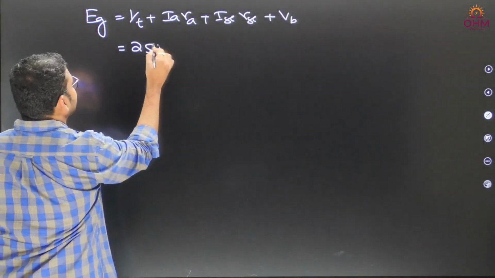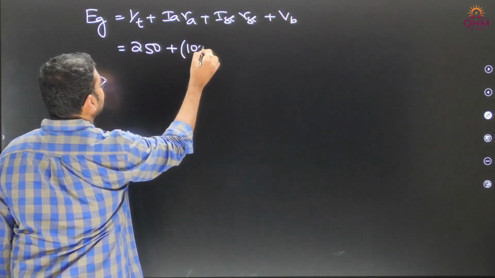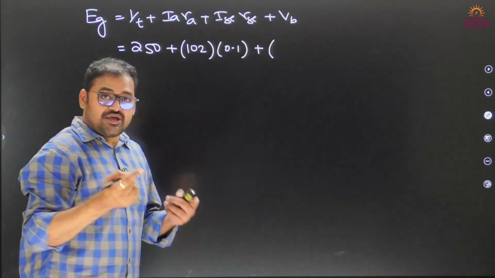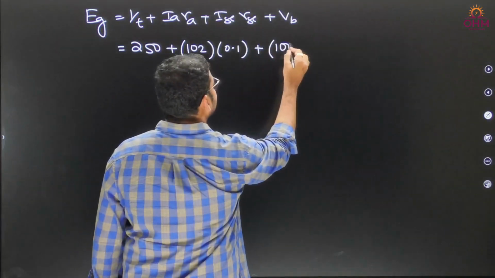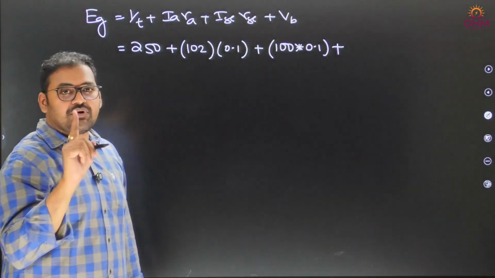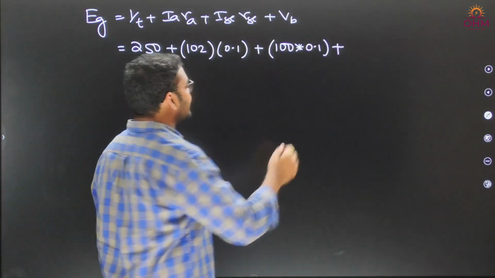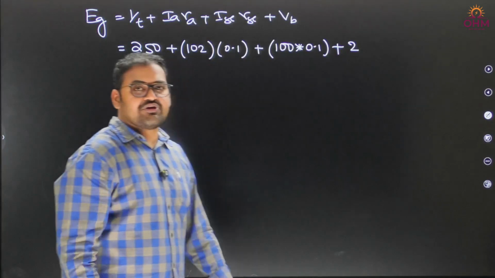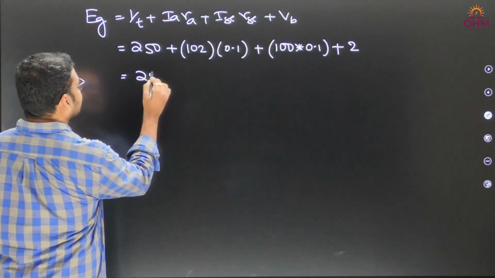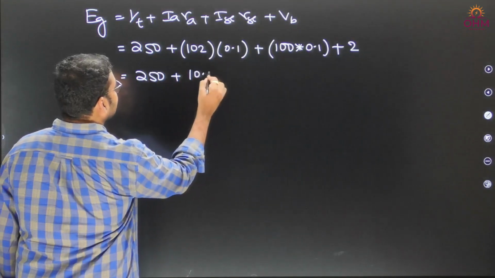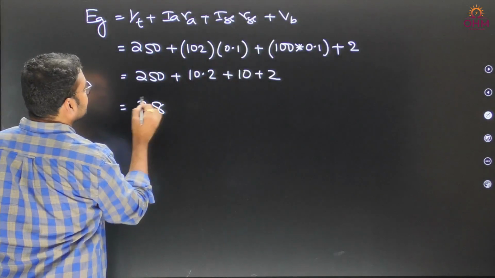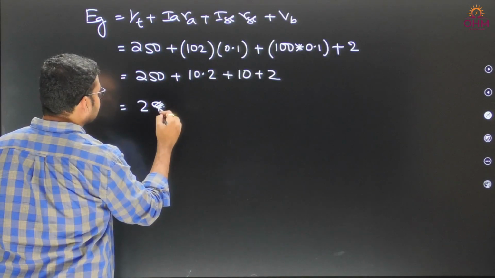Vt 250, armature current is 102, armature resistance 0.1, series current also known as load current, same 100, series resistance 0.1, brush drop 1 volt per brush, 2 brushes will be there, therefore 2 volt. 2 brush drops we have to consider while calculating voltage. So 250 plus 10.2 plus 10 plus 2, so overall it is 272.2, right?